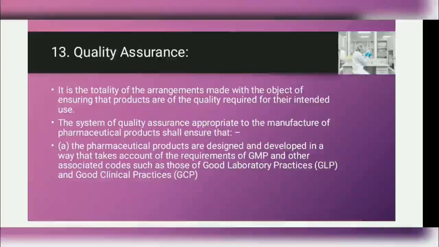So basically, quality assurance ensures the quality of the product, as the name suggests. The system of quality assurance appropriate to the manufacture of pharmaceutical products should ensure that the pharmaceutical products are designed and developed in a way that takes account of the requirements of GMP and other associated codes such as GLP, good laboratory practices, and GCP, good clinical practices.